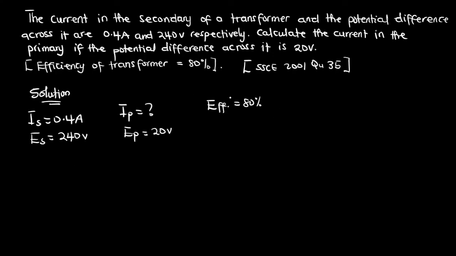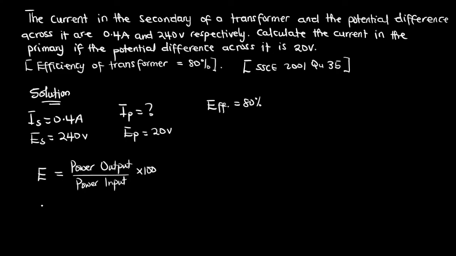Now if we are given efficiency, efficiency is equal to power output over power input multiplied by 100. If we want to get rid of the 100, we divide both sides by 100, or we can leave it like this.